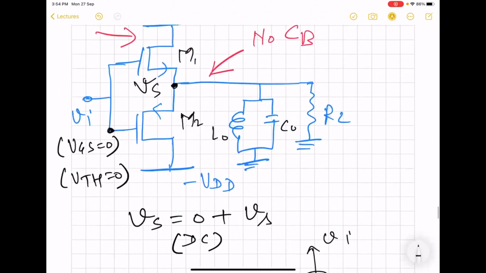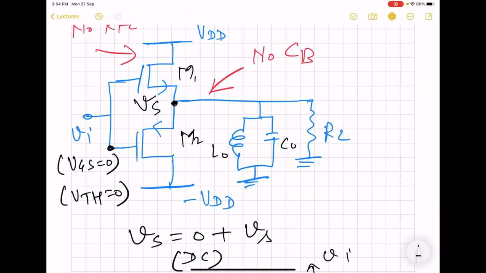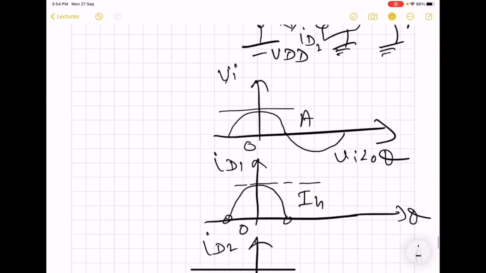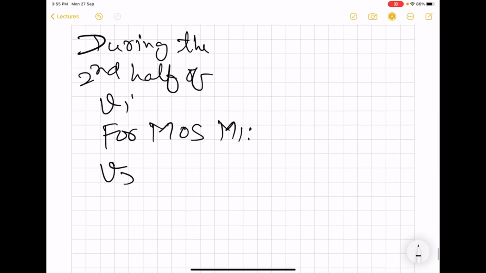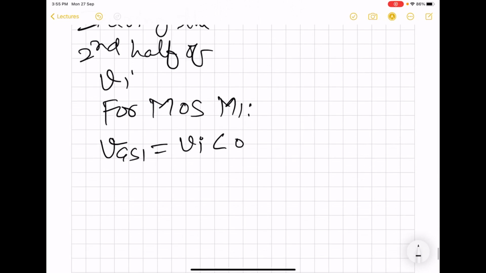So during the second half, what happens is this is negative, and the source is 0, and this is going to be less than 0.